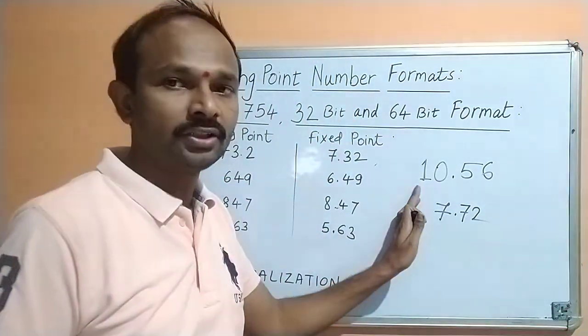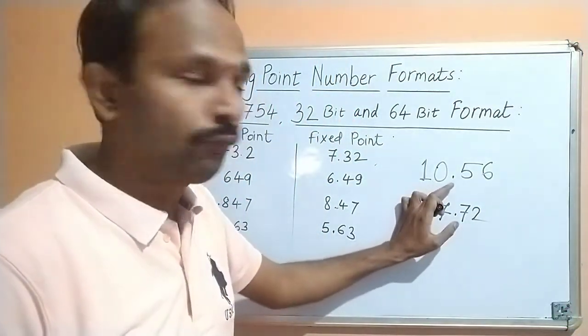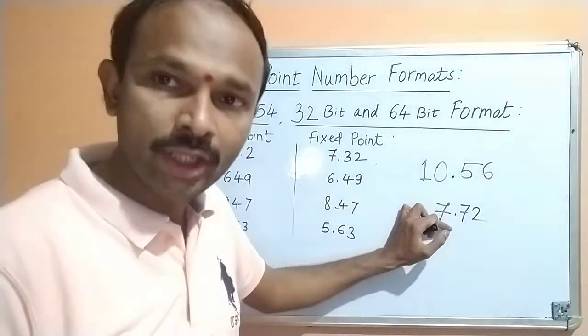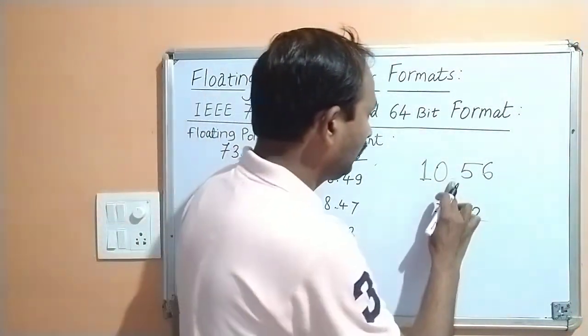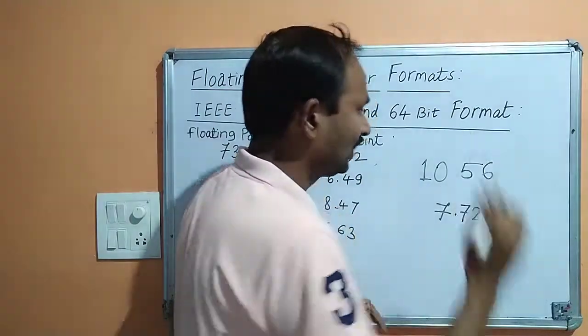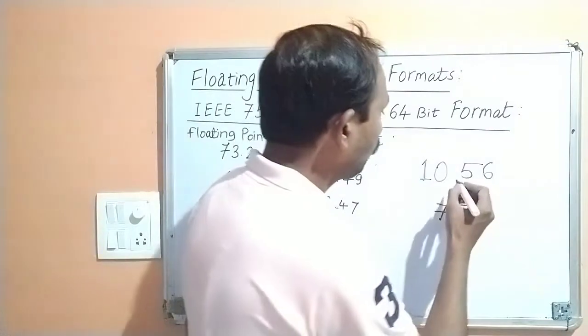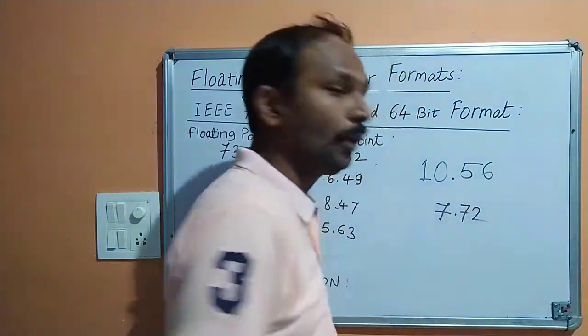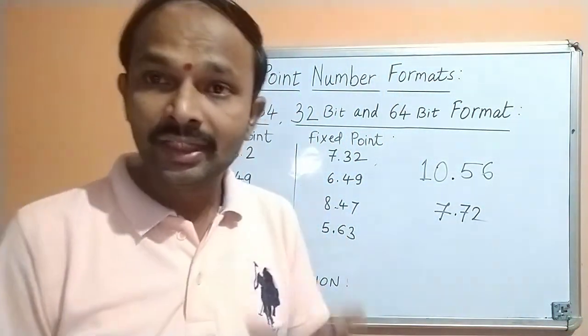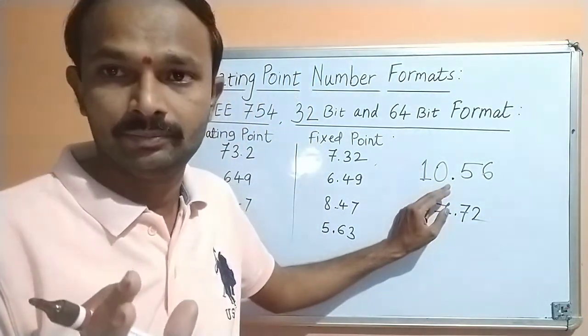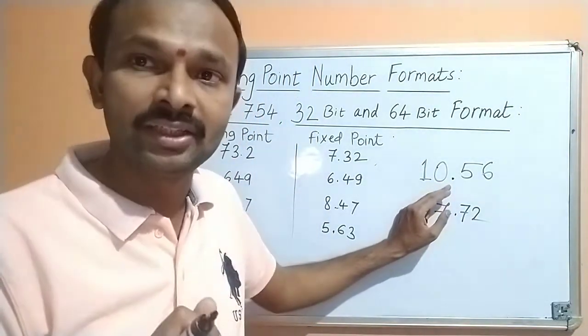So these are numbers which have a fractional point inside them. Now what happens? 1056, this number I can represent inside the computer system. But what if this number is 10.56? Because inside the computer system, this dot cannot be represented.